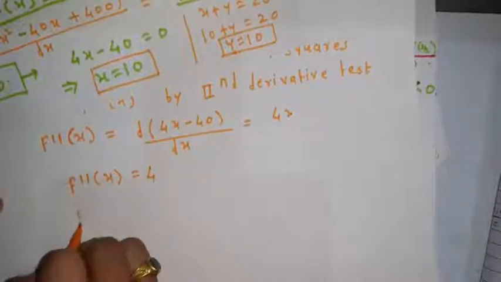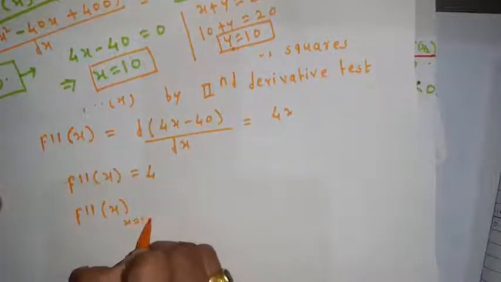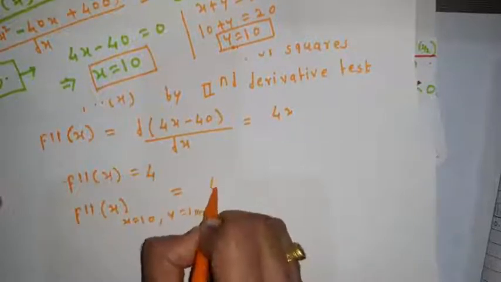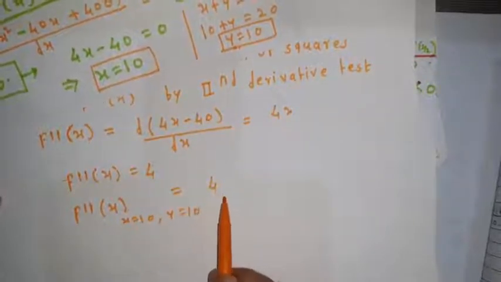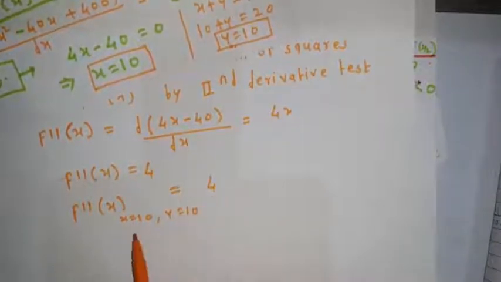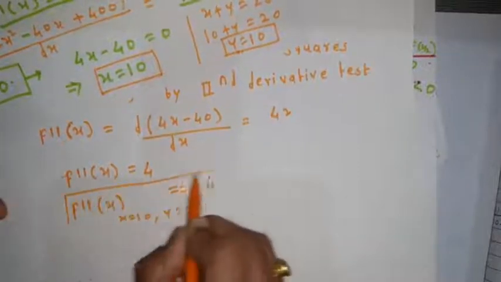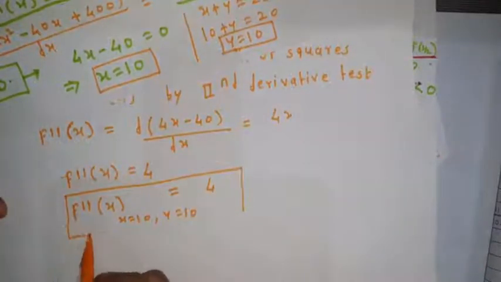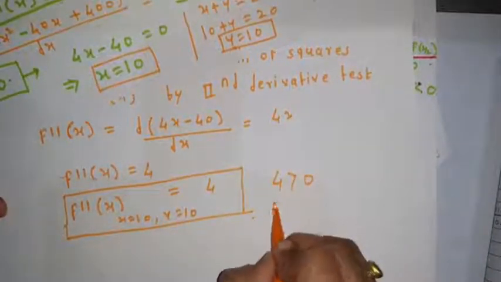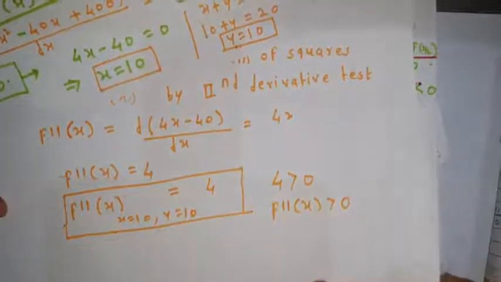So f double dash of x at x equal to 10 and y equal to 10 is also 4, as there is no term containing x or y, so it is not necessary to put the values of x and y. And here 4 is greater than 0, that means f double dash of x is greater than 0.